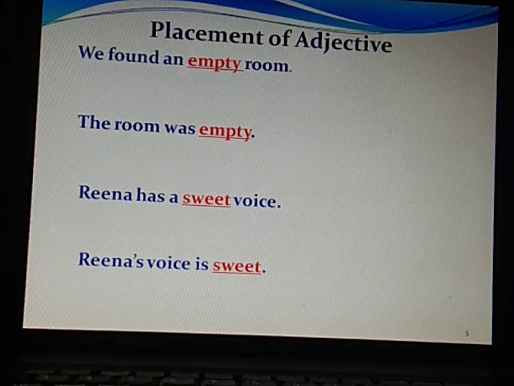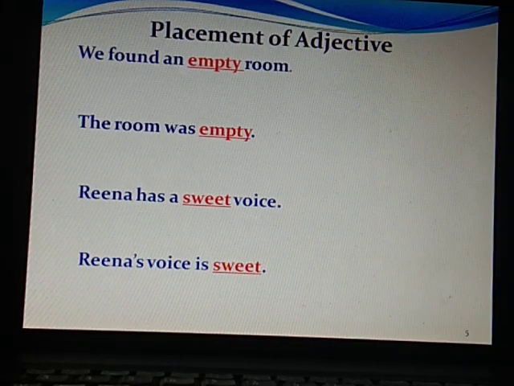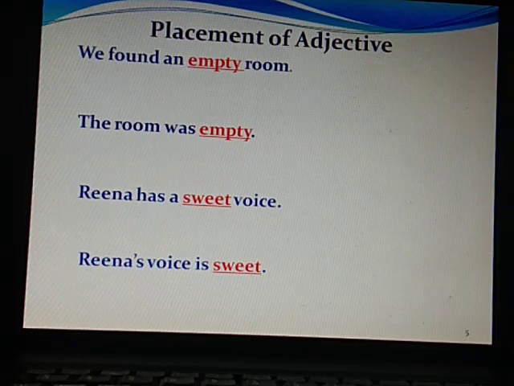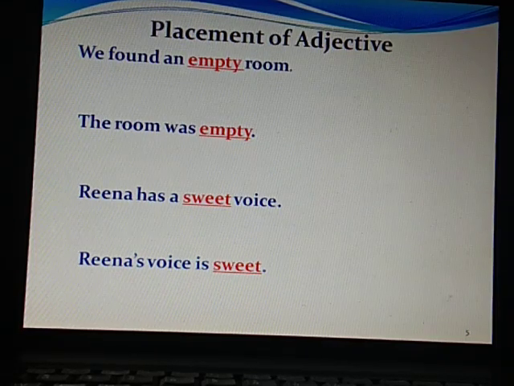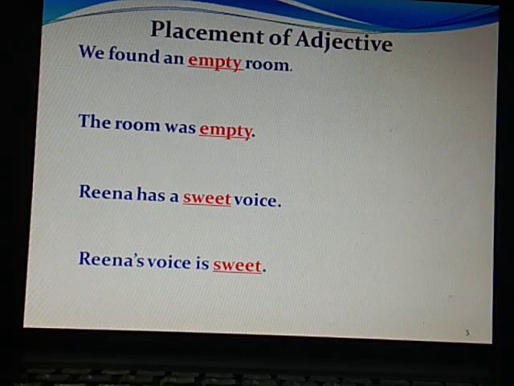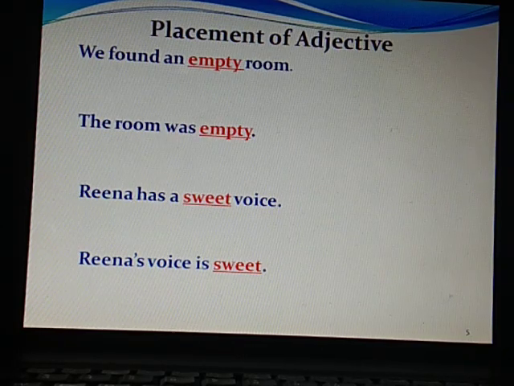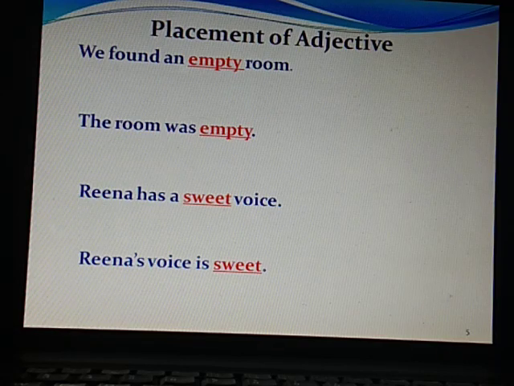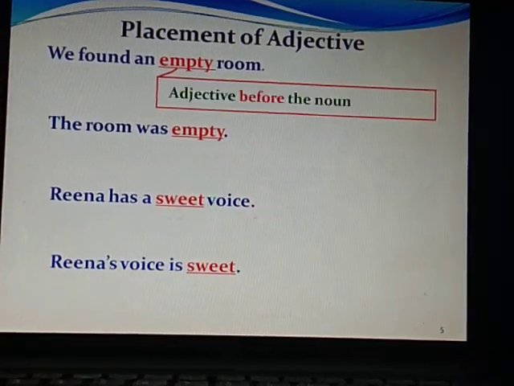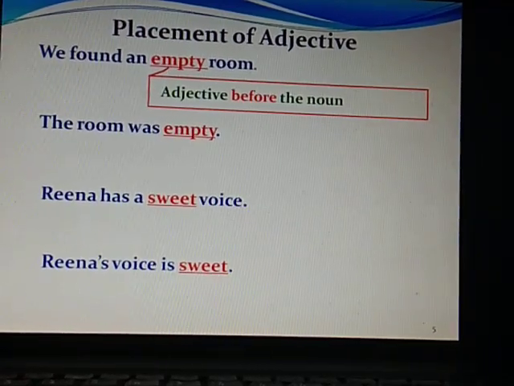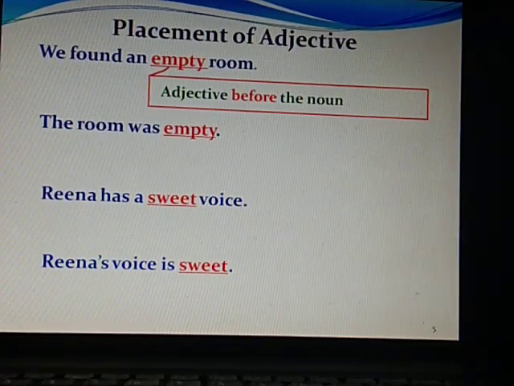Now, placement of adjectives. When we write any sentence, we have to take care where the adjectives will be placed. For example, if I say, we found an empty room. Here we can see that this word empty is an adjective.